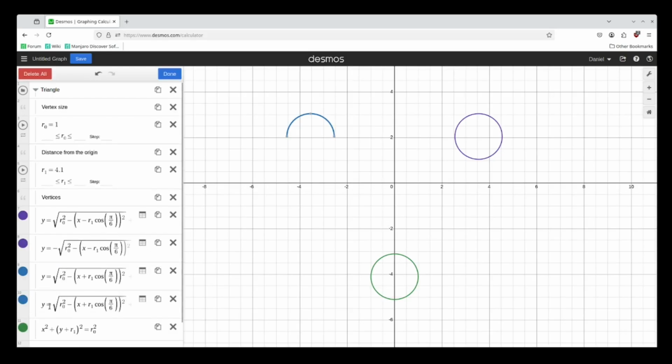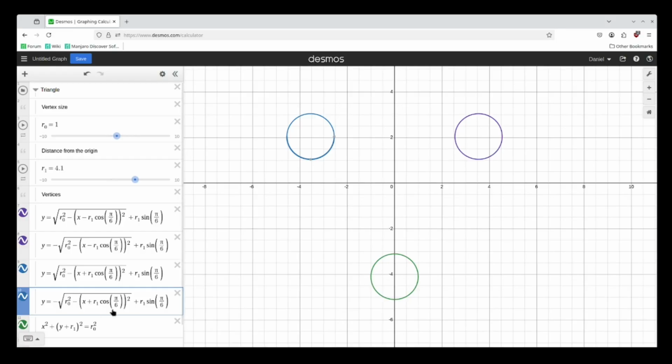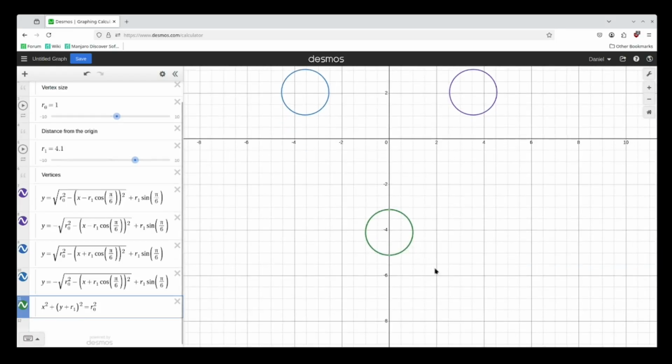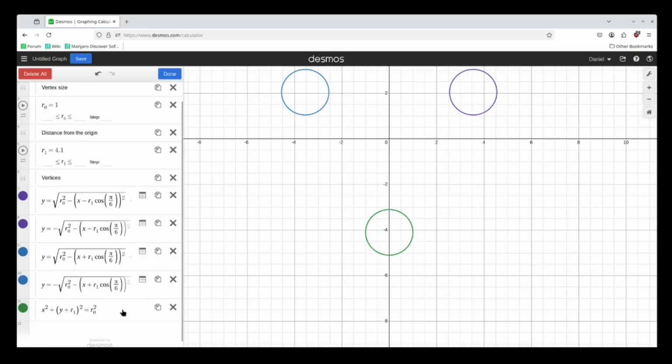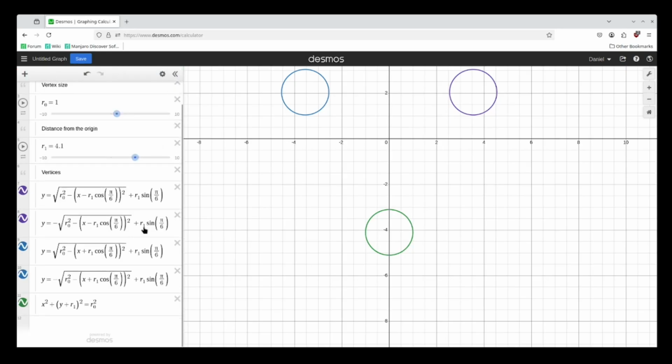Duplicate it, make this negative. We have both halves. This one, I'm already inclined to believe that you really just need a negative solution. But let's do both so that we don't prematurely delete something that we end up actually needing.